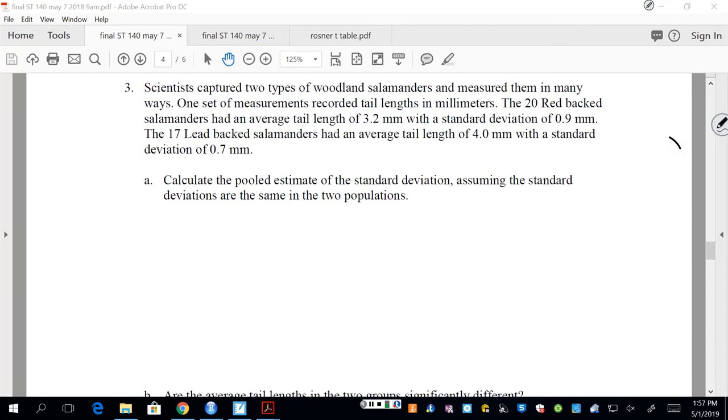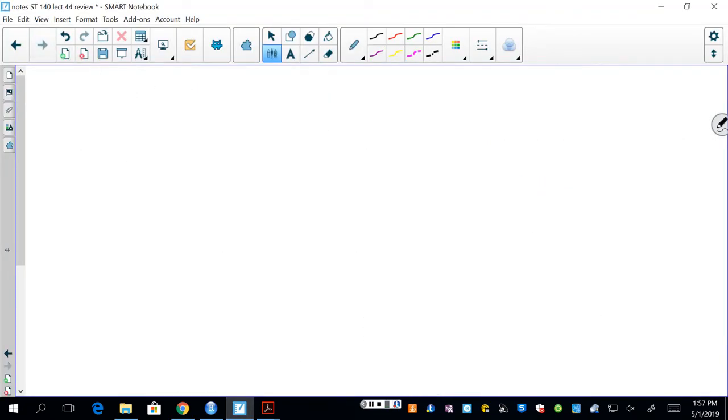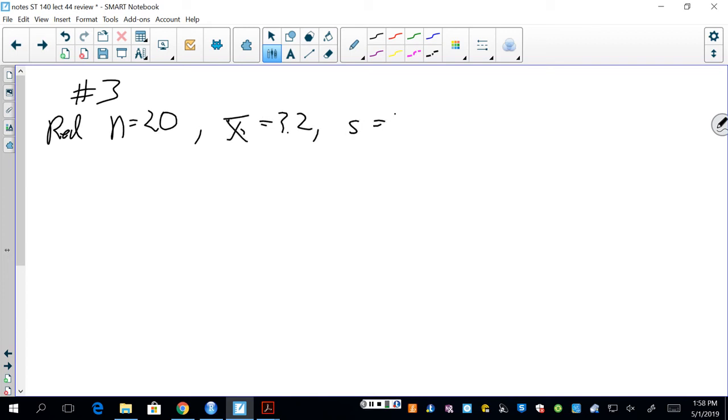The plan is to do a one-sample confidence interval for this type of setting. So let's see what that looks like. I would take off on number 3. For the red salamanders, n was 20, x bar was 3.2, and the standard deviation was 0.9 millimeters.